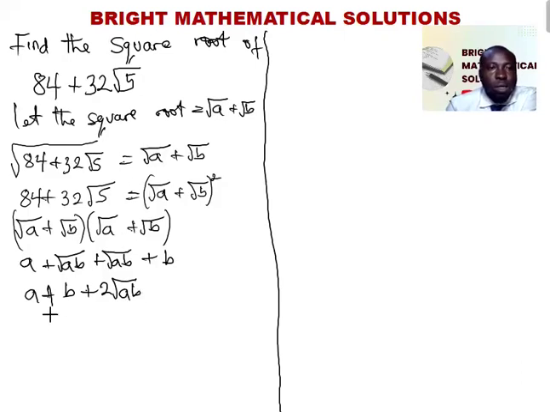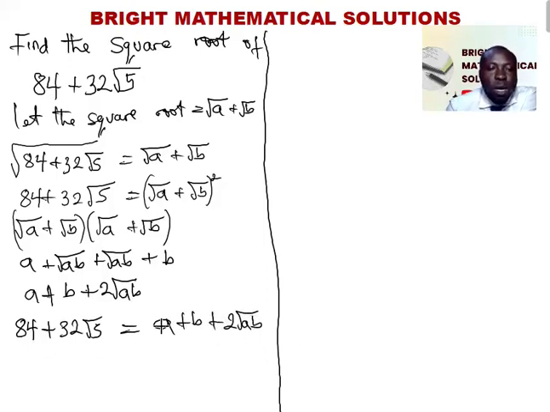This implies that 84 plus 32 root 5 equals A plus B plus 2 root AB.